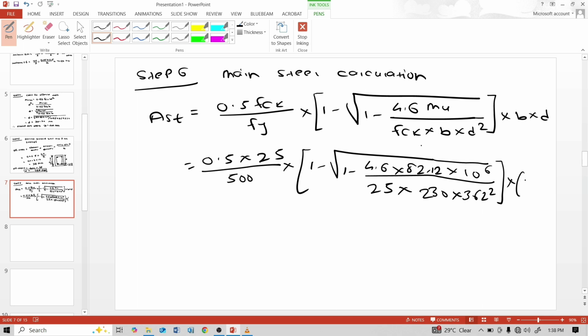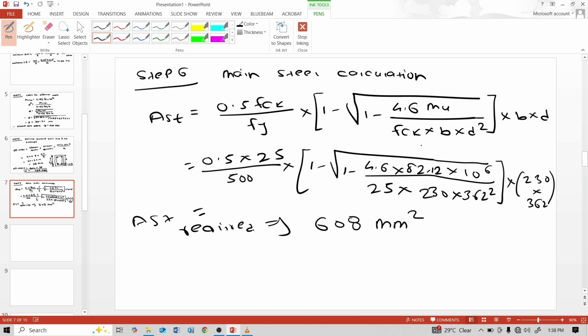Multiply by B into D, 230 multiply by 362. Calculate all this in calculator. We get value 608 mm square. This is the required area of steel in beam. 608 mm square required area of steel.